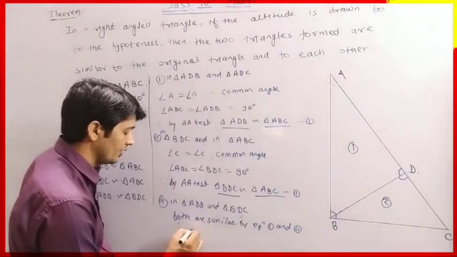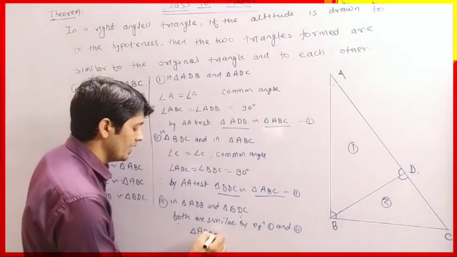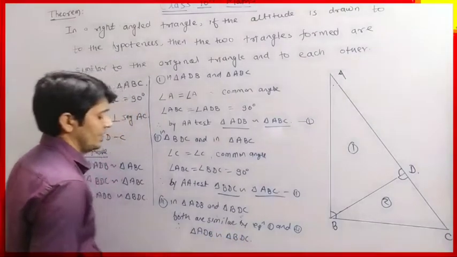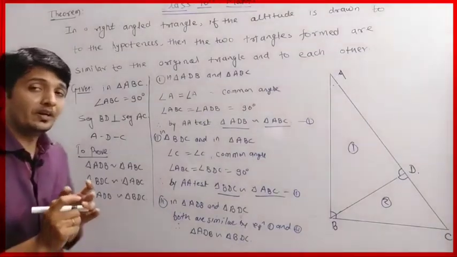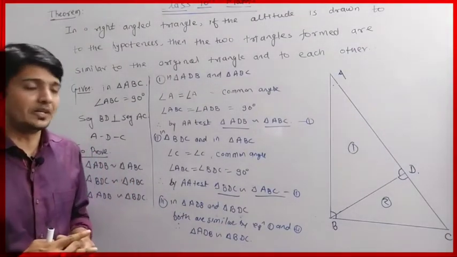Therefore we can write triangle ADB is similar to triangle BDC. See, we have proven all three pairs are similar.